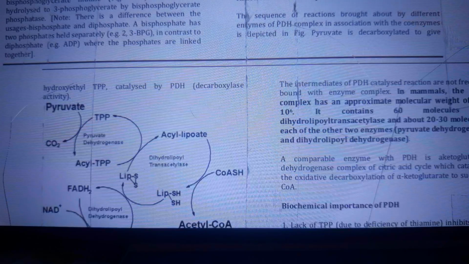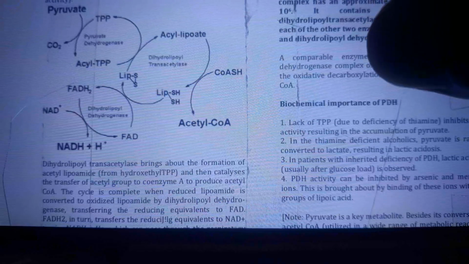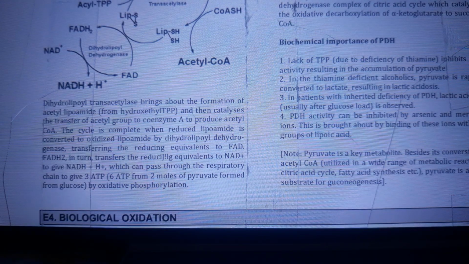Reactions of the PDH complex. The sequence of reactions brought about by the different enzymes of the PDH complex in association with the coenzymes is depicted in the figure. Pyruvate is decarboxylated to give hydroxyethyl TPP. Dihydrolipoyl transacetylase brings about the formation of acetyl-lipoamide from hydroxyethyl TPP and then catalyzes the transfer of the acetyl group to coenzyme A to produce acetyl-CoA.